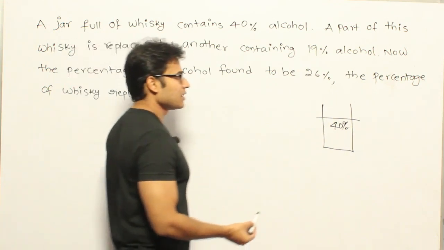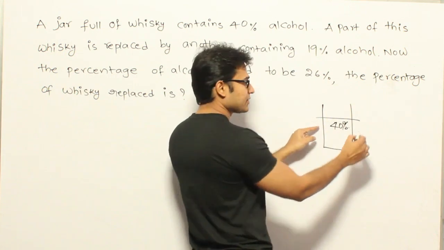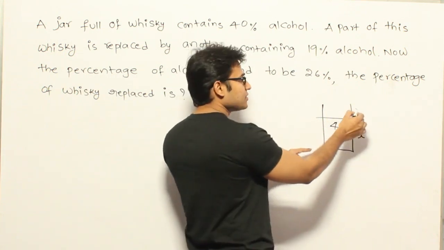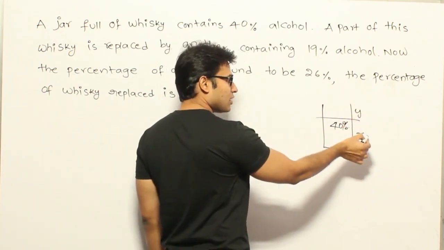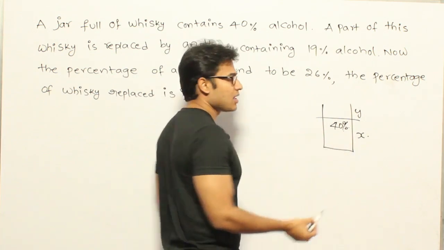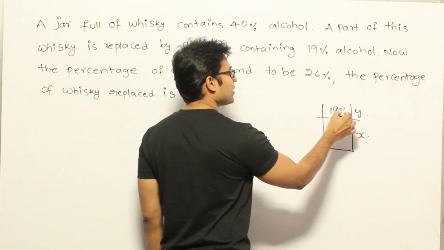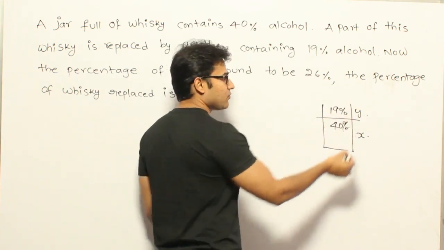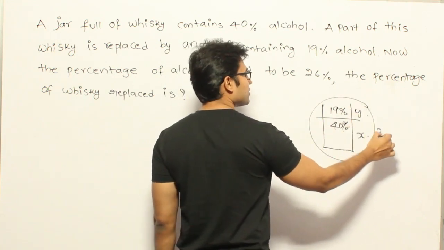If you assume that X liters is remaining and Y liters is being replaced, then X liters is containing 40% alcohol, and the Y liters is containing 19% alcohol. When we mix them, the final mixture is going to contain 26% alcohol.